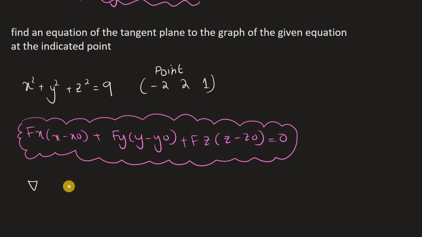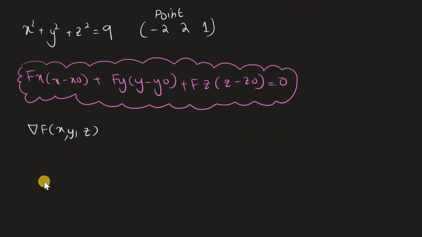So we're finding the gradient vector: f_x, f_y, f_z. Our first job is to calculate f_x. I like to calculate it separately, not everything all together. I'm gonna write everything together in here, but first let me calculate it separately. So f_x simply means the partial derivative of f with respect to x.